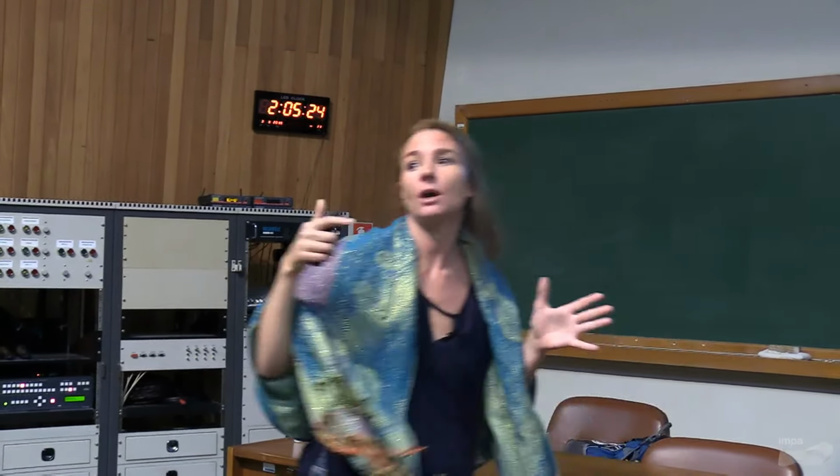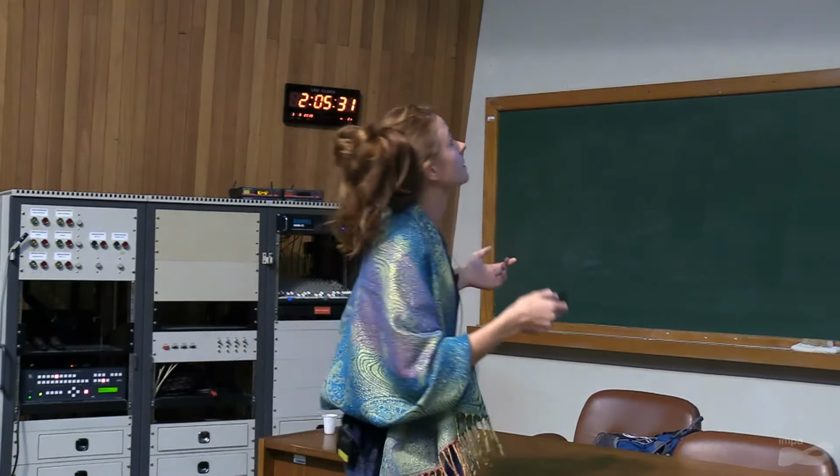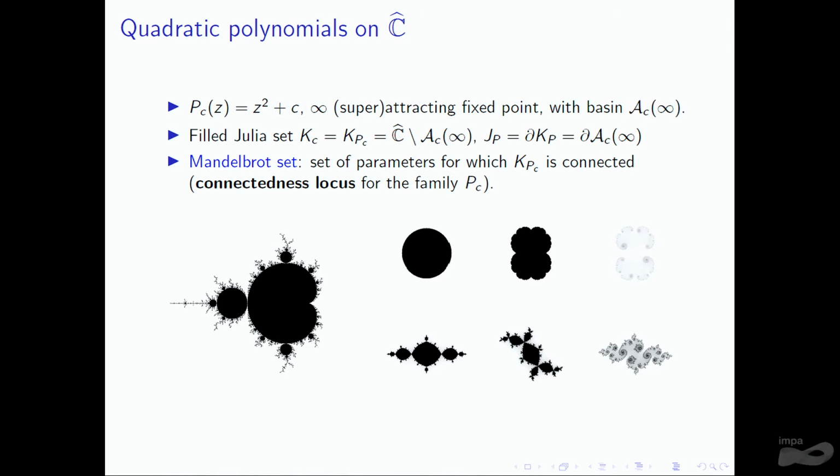The quadratic family is the family P_c(ζ) = ζ² + c, and we are iterating this map for every value of the Riemann sphere.